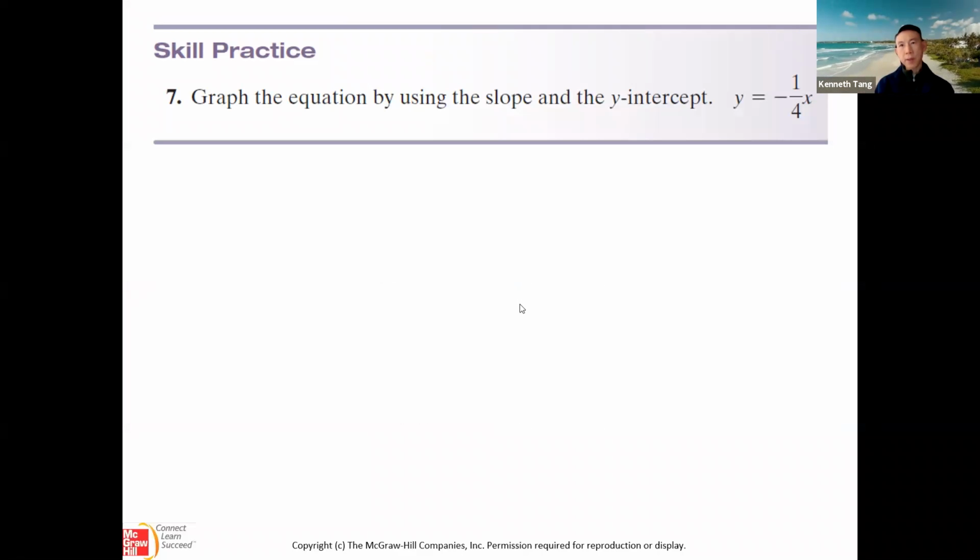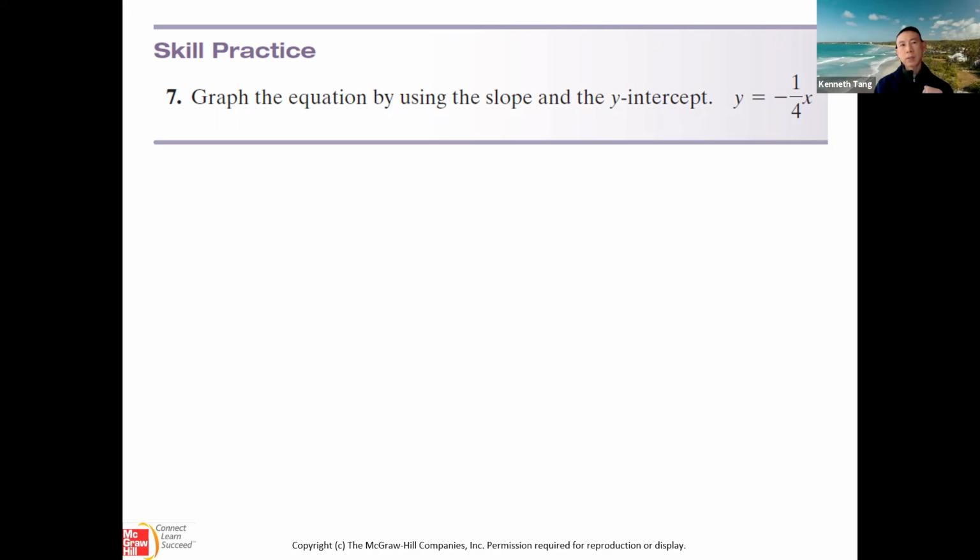Okay, here is another equation to graph. Use that format, and do not use the table, because the table format is harder to do. Use that y-intercept format.